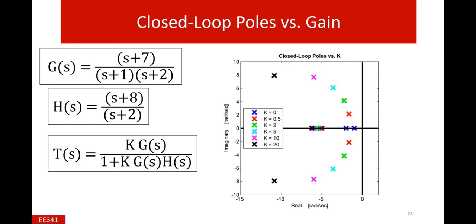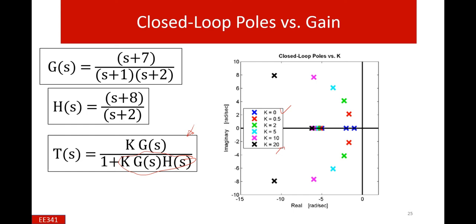How these poles vary, let's see through the simulation. If we simulate the closed loop transfer function with different values of k, these values are changing from k0 to k20.